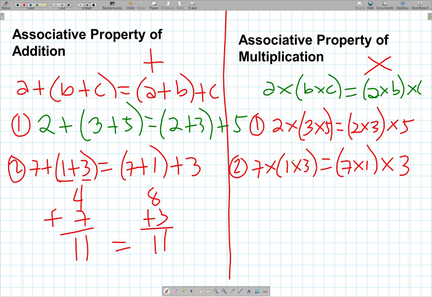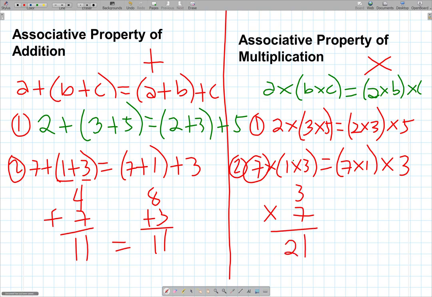Diba? Then, for associative property of multiplication, ganun din, unahin natin ang nasa loob ng parenthesis. Ang nandito is 1 times 3. So, 1 times 3 is 3. Then, times, may 7 ka dito. So, times 7, how much? 3 times 7 is equals to 21.